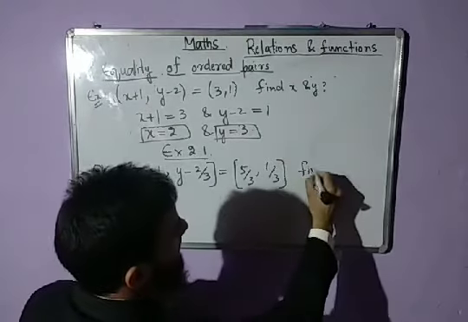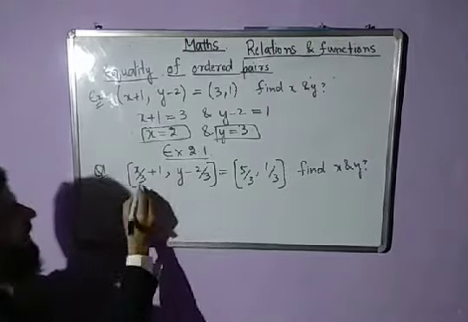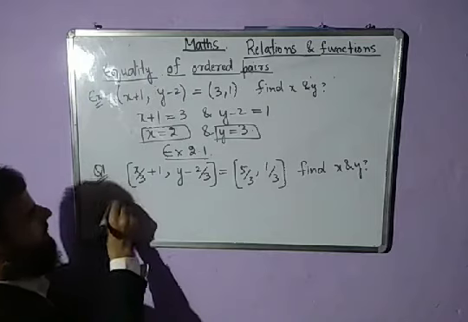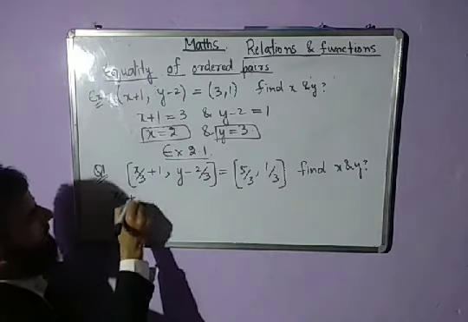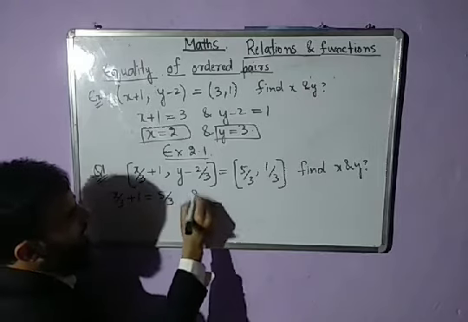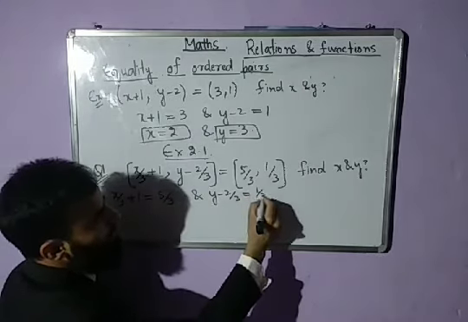You have to find x and y. Very simple. By the definition of the equality of ordered pairs, we can say that x/3 + 1 should be equal to 5/3, and also y - 2/3 should be equal to 1/3.